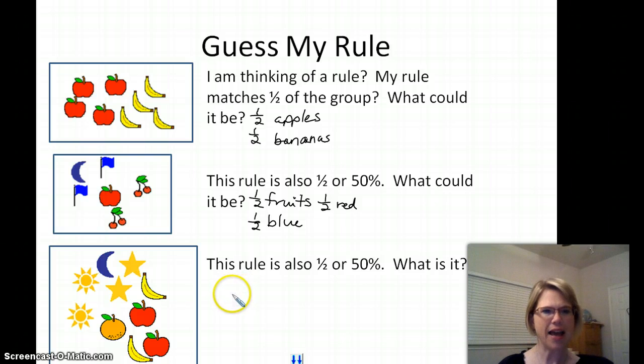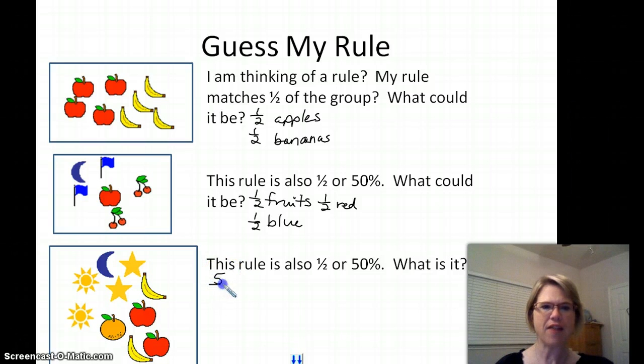Okay, so now down to this last group we have 10 items, 10 things, and half of them match my rule. Well, I would almost think that 1/2 of these things are yellow, but I can't say that because there's 1, 2, 3, 4, 5, 6 things that match. So that's 6 out of 10. That doesn't match my rule of 1/2, does it? Well, you know what I see?